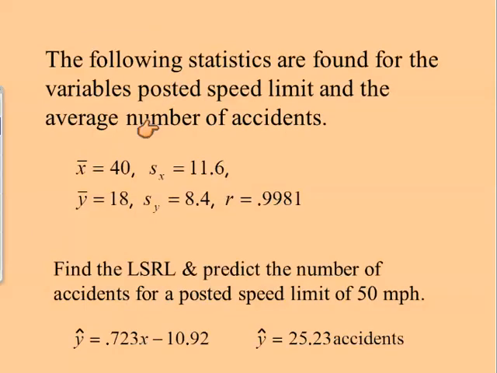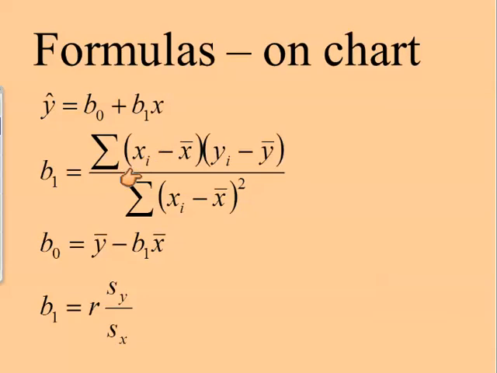We got some statistics, if you do the 1-variable statistics, on the speed limit and the average number of accidents. We've got x bar, y bar, sx, sy, and r. Can we find some of these values? Well, I'm going to use this one right here, r times sy divided by sx.